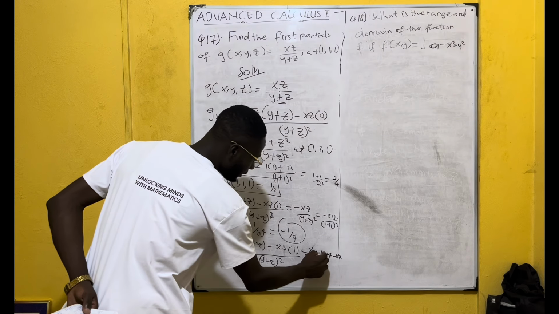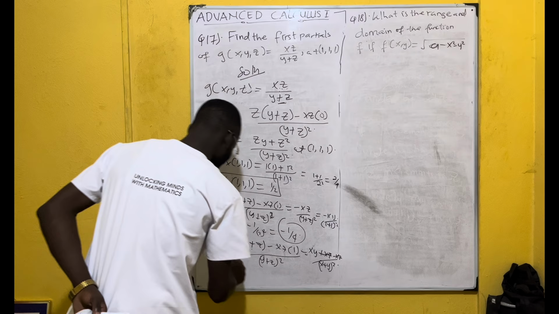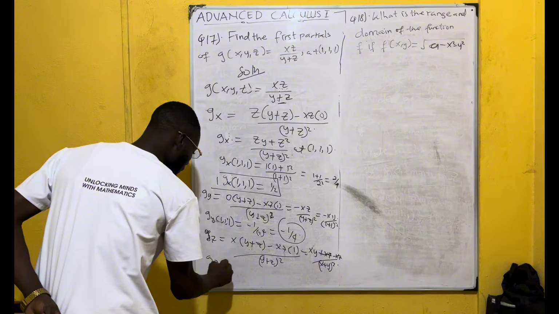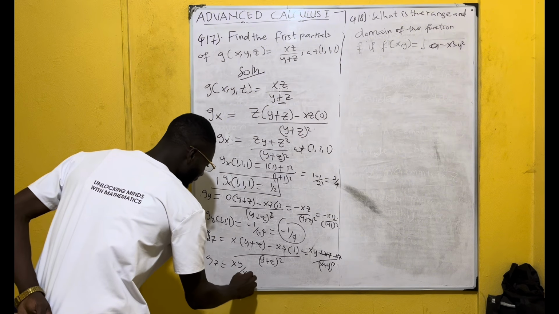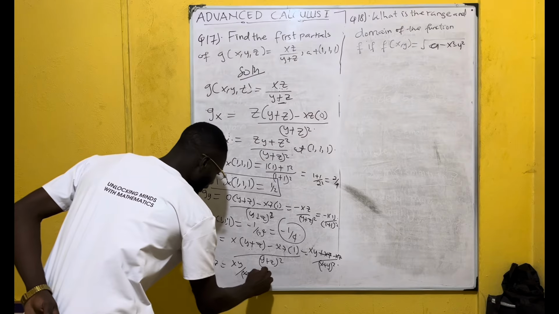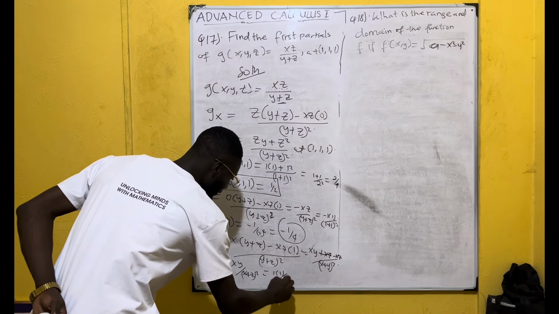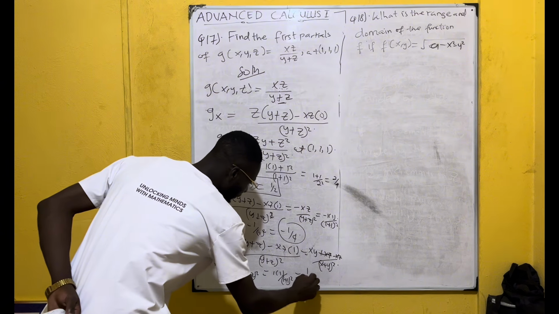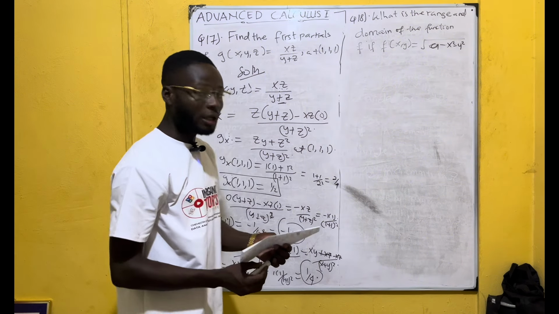So this cancels this, right? Divided by (y plus z) all squared. So our g_z will be equal to only xy divided by (y plus z) squared. And that's equal to 1 times 1 divided by (1 plus 1) all squared. So we have 1 over 4. So the g_z, we are also getting 1 over 4.